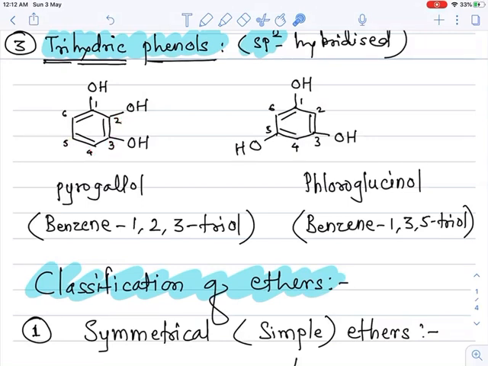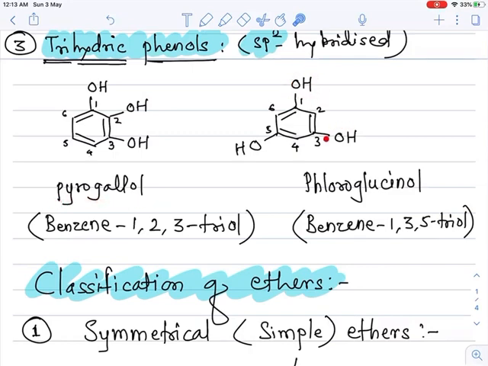If 3 OH groups are attached at any 3 continuous positions, the common name for this compound is pyrogallol, the most important compound of trihydric phenol. Its IUPAC name is benzene-1,2,3-triol, so benzene-1,2,3-triol is nothing but pyrogallol.